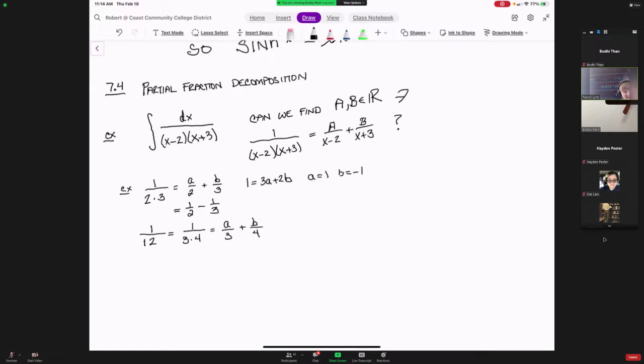A is 1, b is negative 1. Yeah, let's see. We'll just cross multiply, right? And say 1 would equal 4a plus 3b. So again, looks like a is 1, b is a negative 1. So this looks like it's working, right?